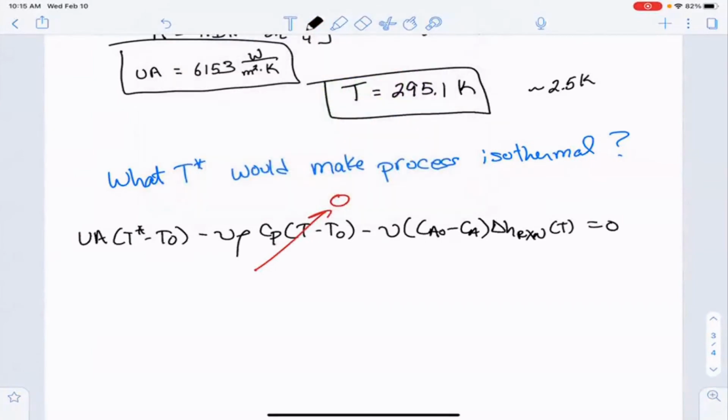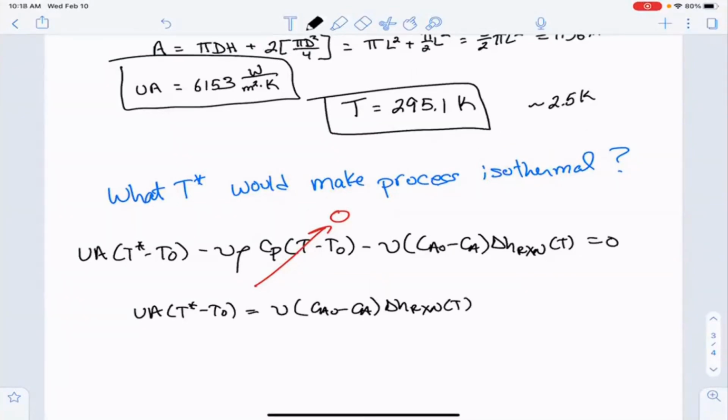Well, that simplifies this to just UA times T star minus T0 equals the volumetric flow rate times CA0 minus CA times delta H of reaction, at that temperature.